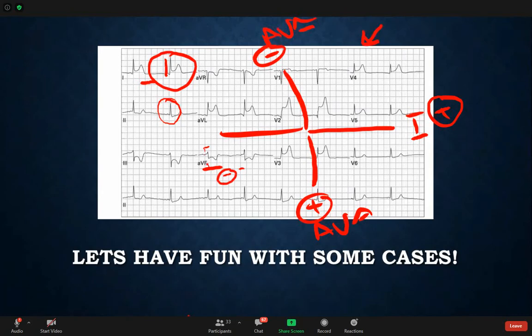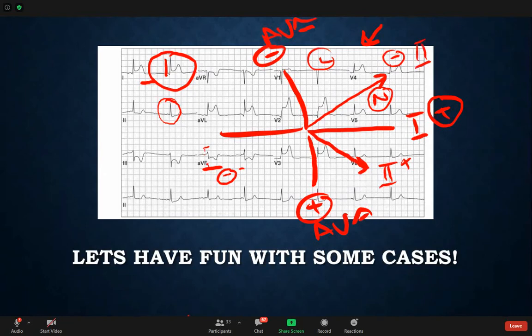Here the problem is that I'm either here, left axis deviation, or normal axis. We said what determines it? Lead 2. So here positive lead 2, here negative lead 2.